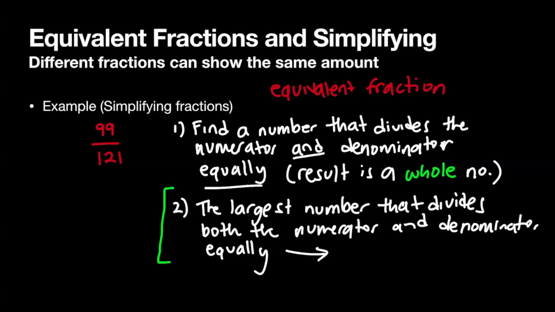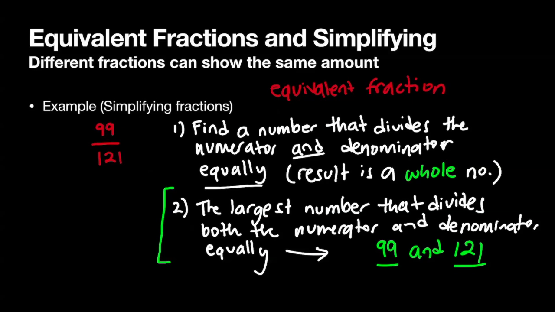No, so just forget fractions for now. Just think of two numbers. So just think of 99 and 121. So again, the goal of simplifying fractions is finding the largest number that divides both the numerator and the denominator equally. So just forget fractions for now. What is this number called?